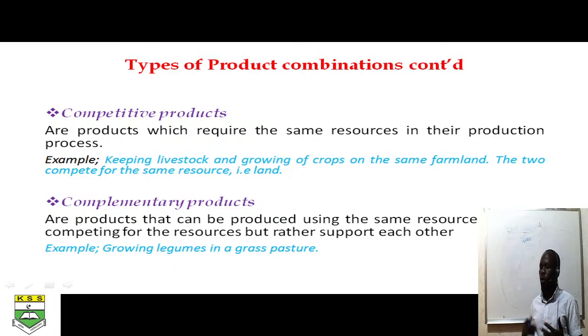So when we go through them, on your screen you can see we have 2 there, but the other 2 are on the next slide. We have 4 of them. Once you have a good understanding of those 4 product combinations, you will be a happy farmer because you will be able to make a lot of profit. Remember, these days you carry out agriculture as a source of revenue, as a source of income.